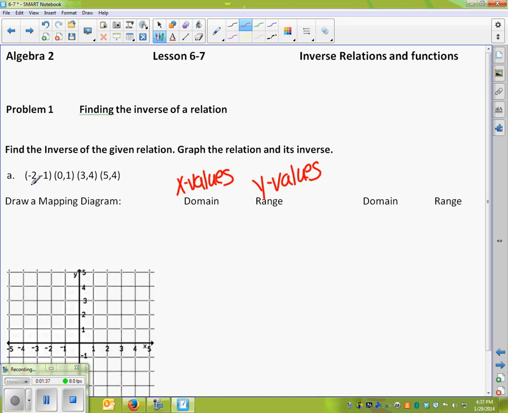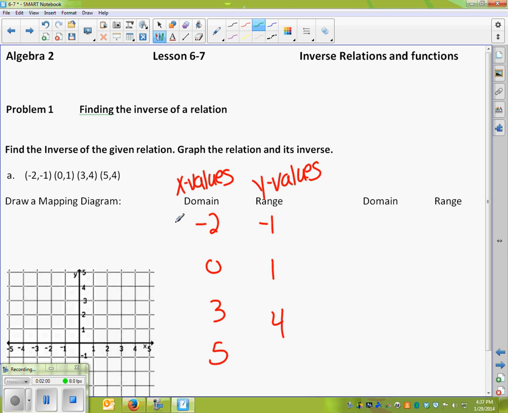So in my original relation, I have -2, 0, 3, and 5. I list out the x's and then the y's. And in a mapping diagram, you only write each number once. So even though there's 4 twice for my y's, I'm only going to write it once.